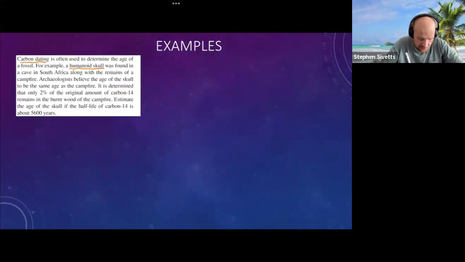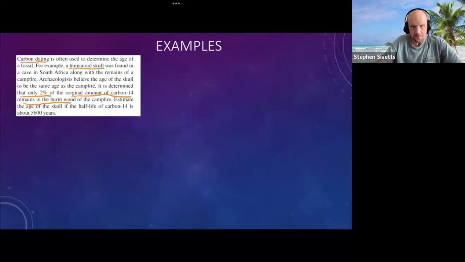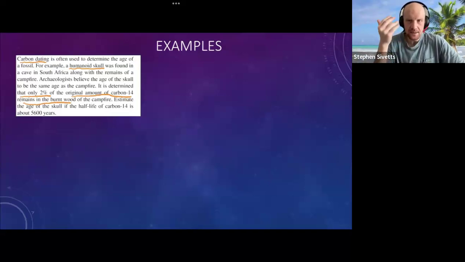Archaeologists believe the age of the skull to be the same age as the campfire. It is determined that only 2% of the original amount of carbon-14 remains in the burnt wood of the campfire. Estimate the age of the skull if the half-life of carbon-14 is about 5,600 years. Okay, so I want you to pause the video and formulate a differential equation in this problem, and then try to determine the age of the skull. So best of luck to you.